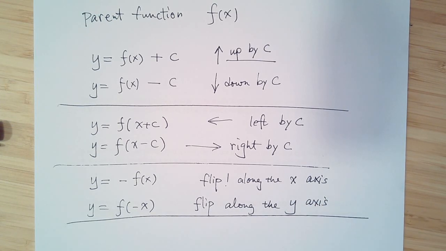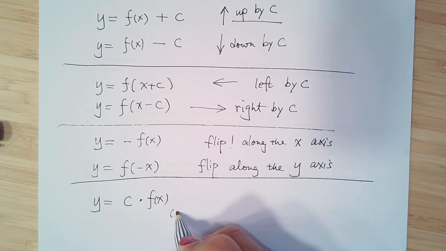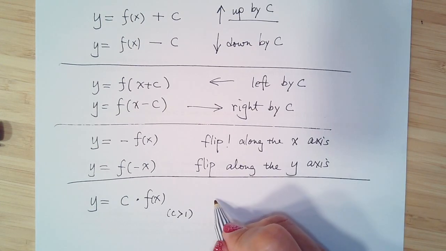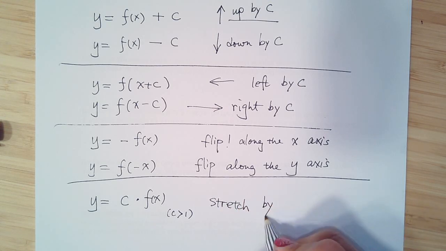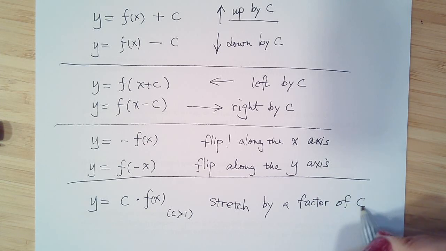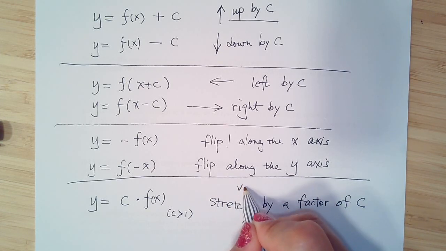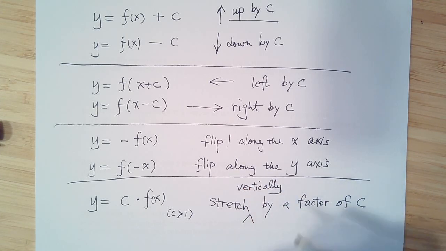And then the next one, if it's y equals c times f of x, the parent function comes with another number before that, and here we have c greater than 1, then we are going to stretch by a factor of c vertically, up and down, right? Stretch vertically by a factor of c.